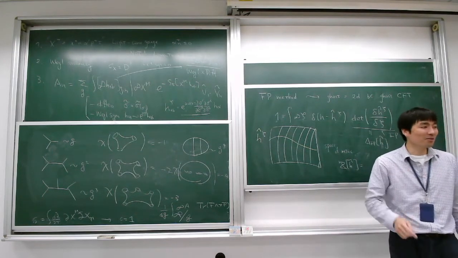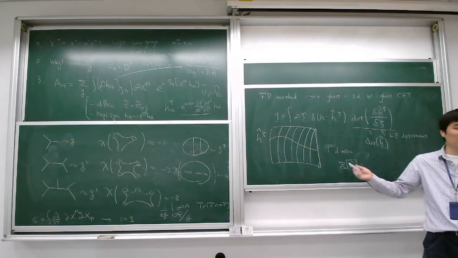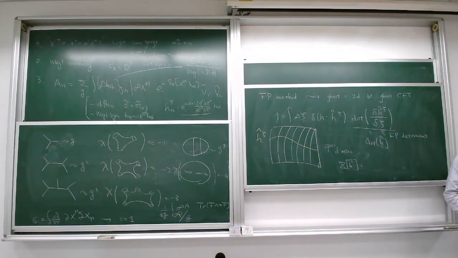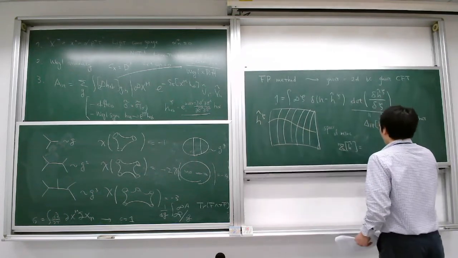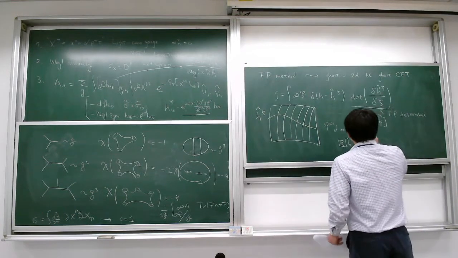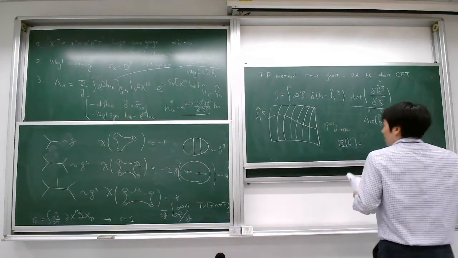Kashaev is the father of the volume conjecture, and he studied mathematical physics with Faddeev. He's an expert on quantum dilogarithm, which also appears in 3D N=2, 3 theories. Anyway, let's do it step by step.